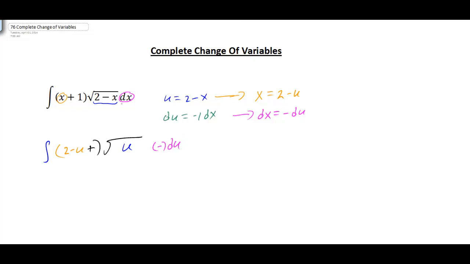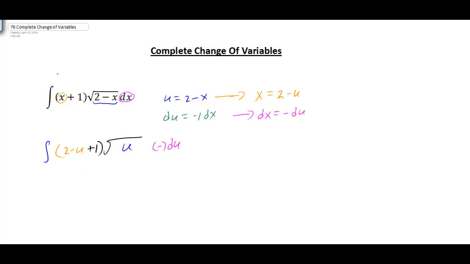In other words, we've eliminated all of the variables x and changed them into u and du. So there's no longer x dx, it's strictly u and du. So now we just have to simplify here, and I notice that I substituted the x and got 2 minus u, and this should be plus 1. I left out the plus 1 here.